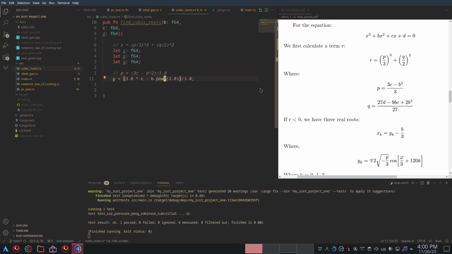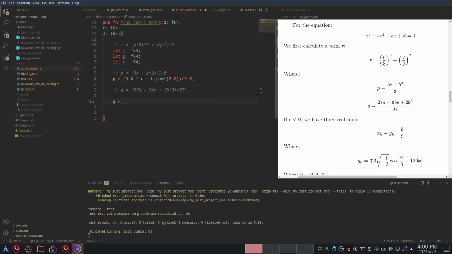So that's P. I'm going to do something similar for Q. Q equals 27D minus 9BC plus 2B cubed, divided by 27. So I'm going to just do that straight away.